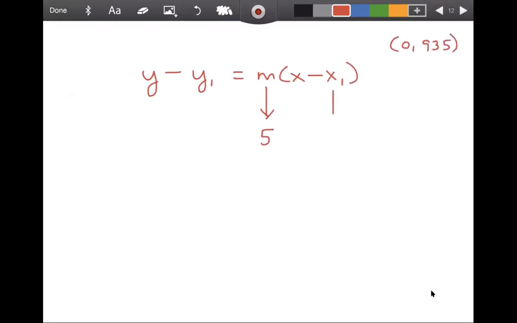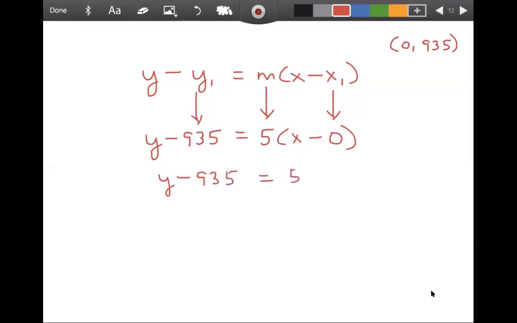So 0 will go here. 935 will go here. y minus 935 equals 5 times x minus 0. Gives me y minus 935 equals 5x.